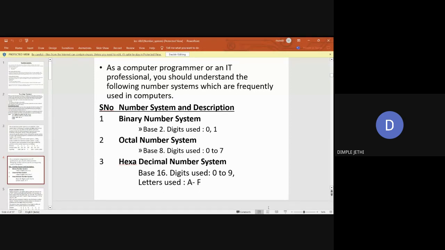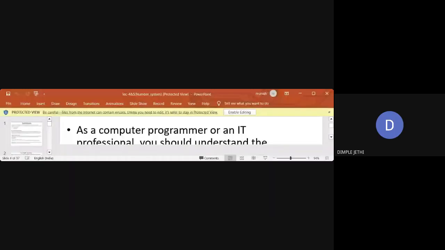Now for hexadecimal the base is 16, so after 10, what are the other 6 digits that we can use? We don't have any other digits, so what do we use? Characters. We use letters A to F. A stands for 10, because 16 means 0 to 15.